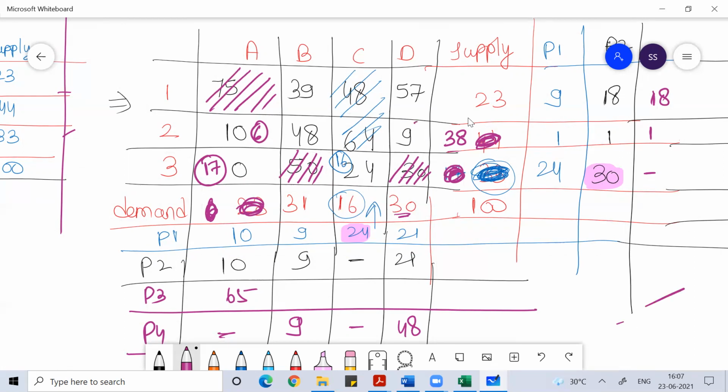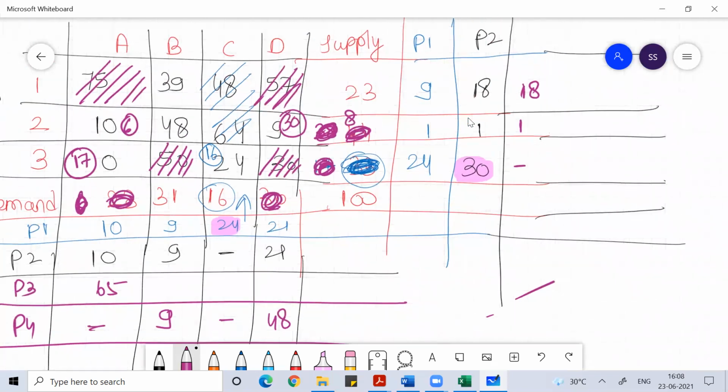You can put 30 on this. If you put 30 on this, nothing can be done for this. This left would be 8. Then first row is done.